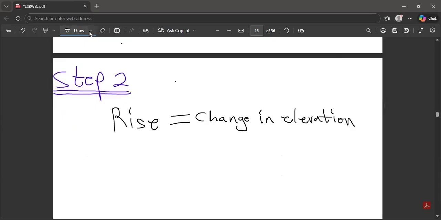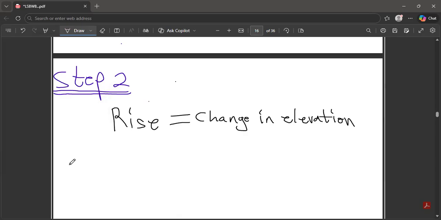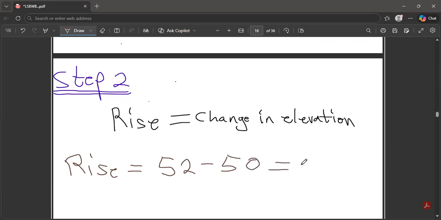And so we can quickly proceed from here. We can say that our rise is equal to the change, something minus something. That is going to give us 52 minus 50, which is going to give us 2 meters.